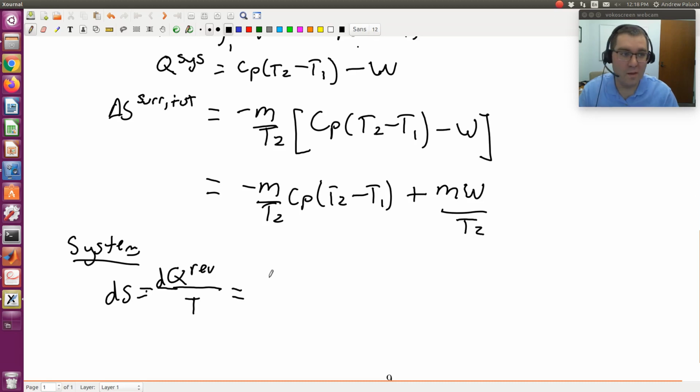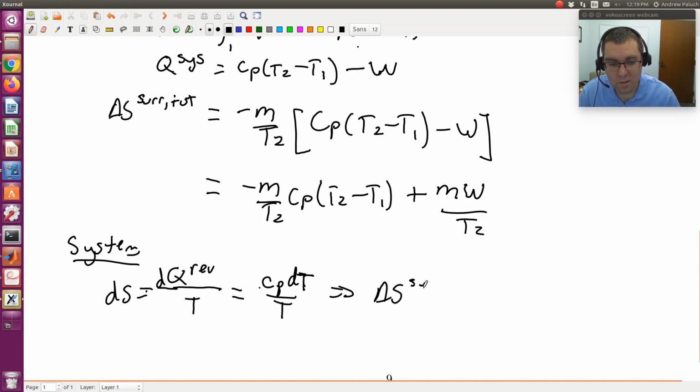So if I assume that my heating or cooling takes place at constant pressure, which again for a solid would be equivalent to constant volume if we assume that it's incompressible, then I get that dQ reversible is equal to Cp dT, and that's divided by T. Okay, so therefore, delta S of my system is equal to the integral of Cp over T dT, integrating from my initial to my final temperature.